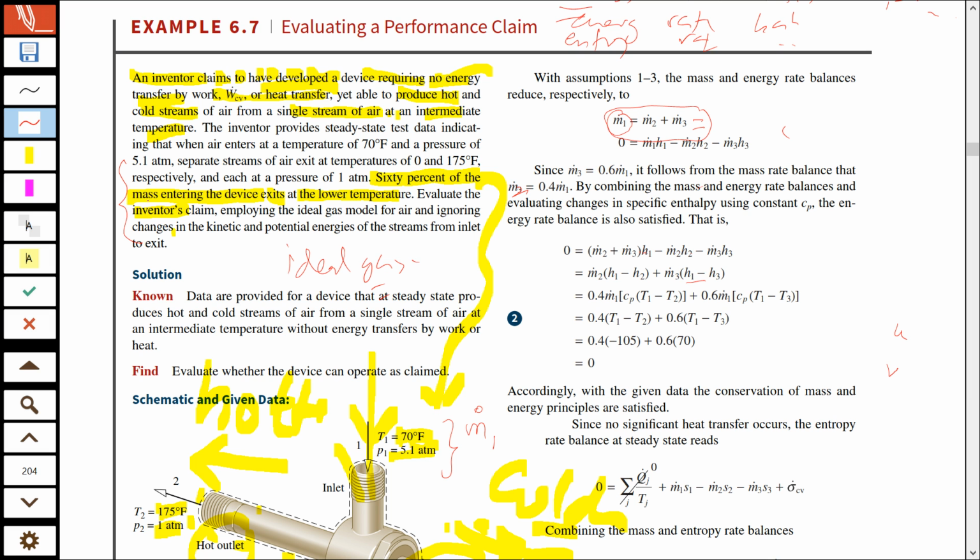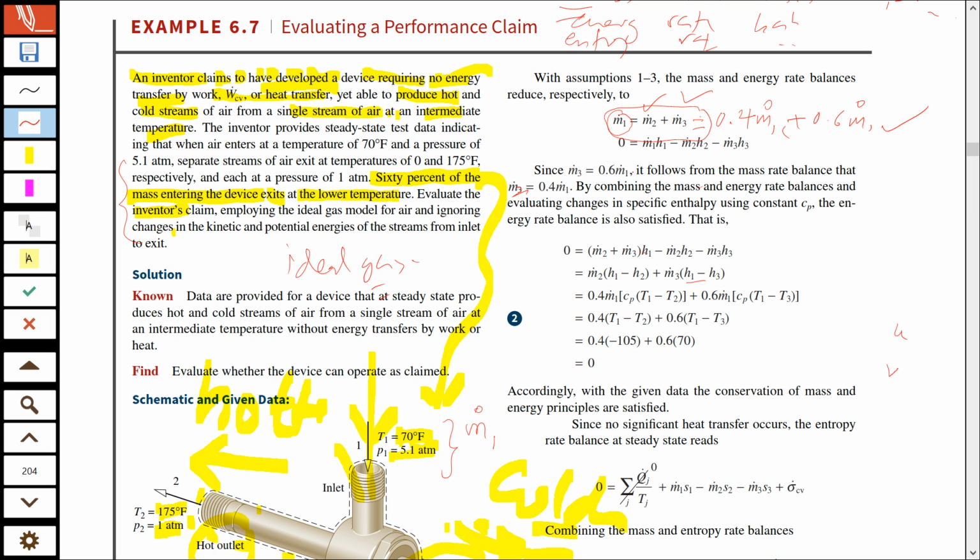This has something to do with the question given. So he gives you this information that 0.4 times M1 dot is M2 dot plus 0.6 times M1 dot is M3 dot.